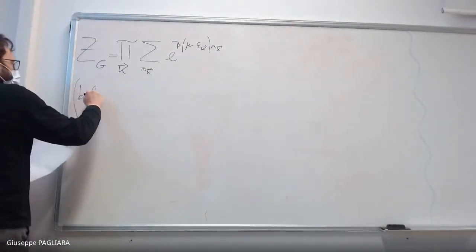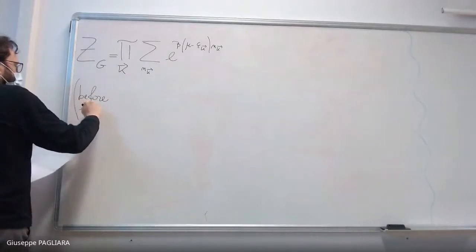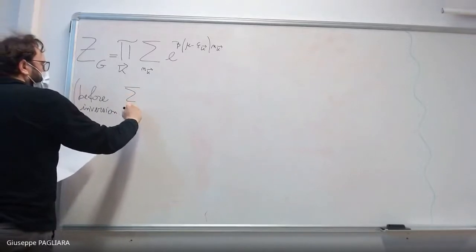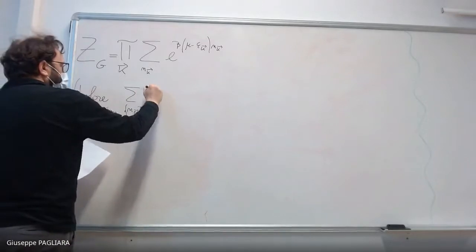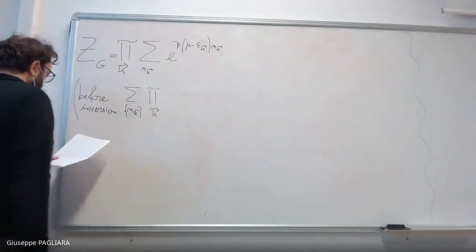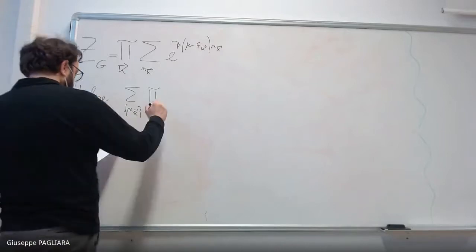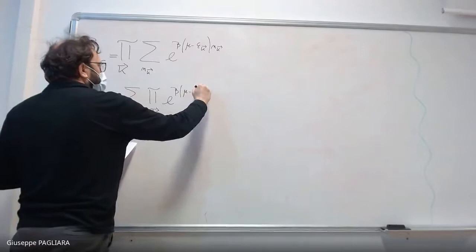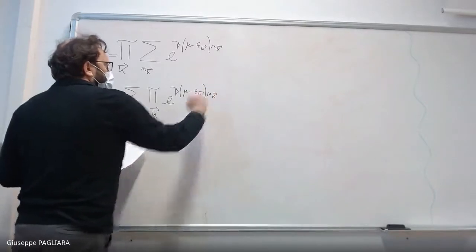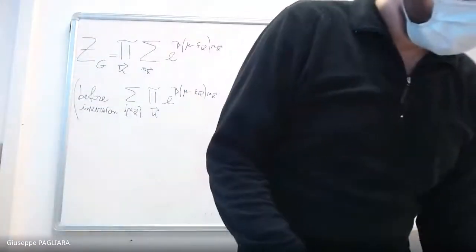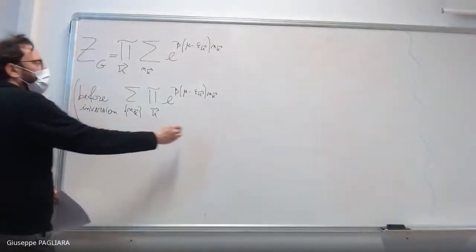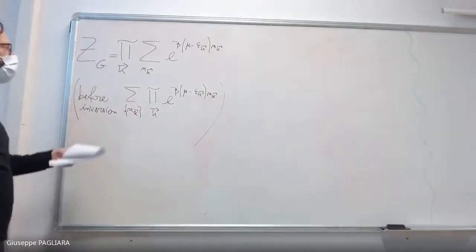Before inversion, it was the sum over the possible sets of nk, and the product over k of e to beta mu minus epsilon k to the nk. So this was the starting point, and we said that we can invert the sum and the product, and we have this quantity here.